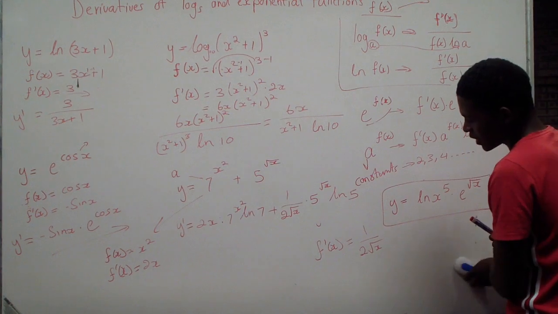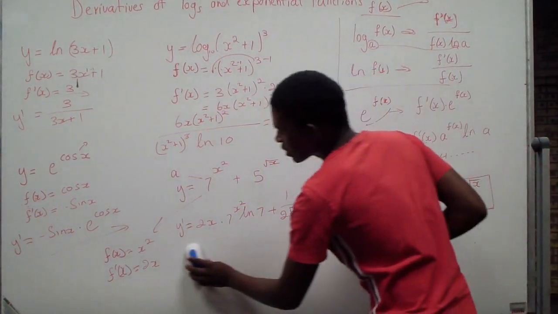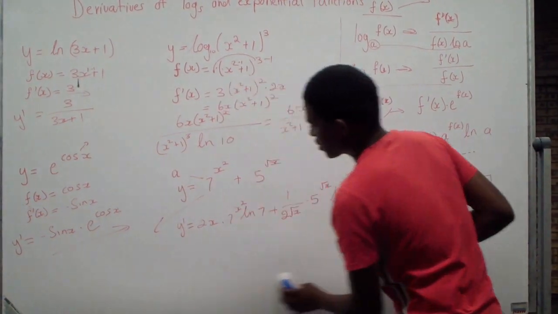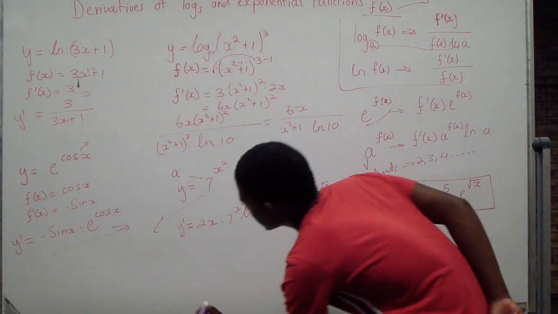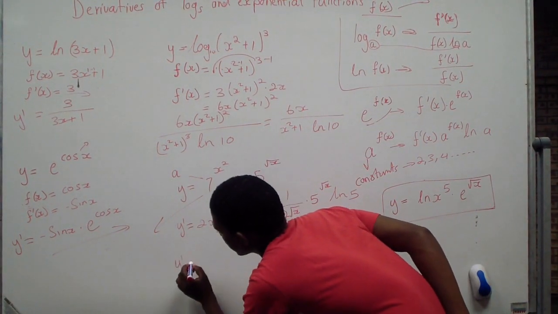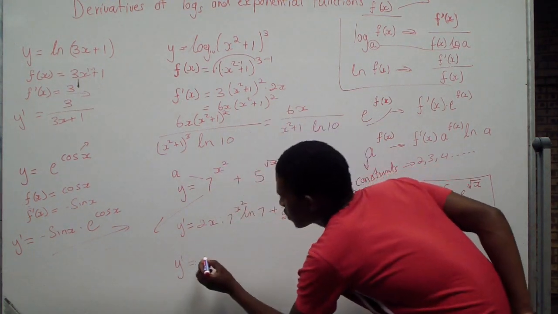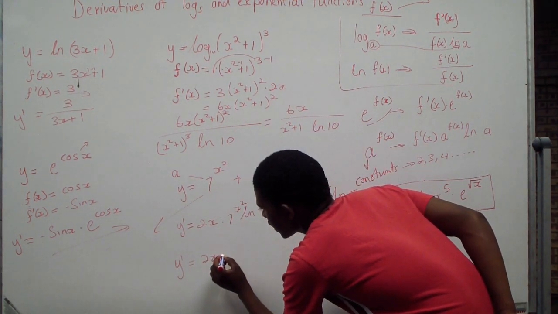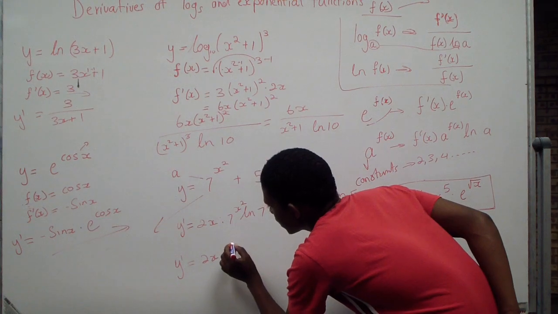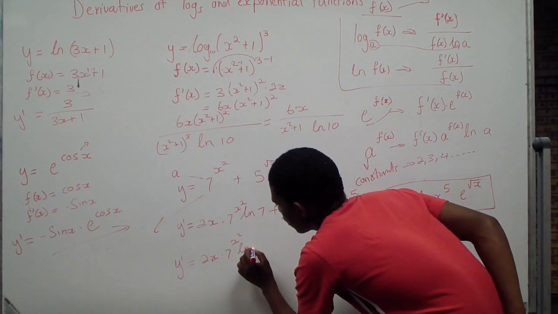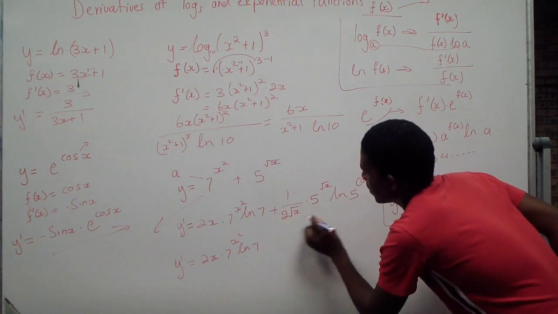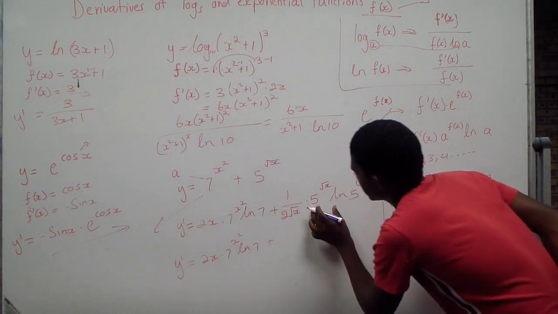So you can simplify this further by saying y prime is equal to 2x multiplied by 7 to the power x squared ln of 7, plus this.